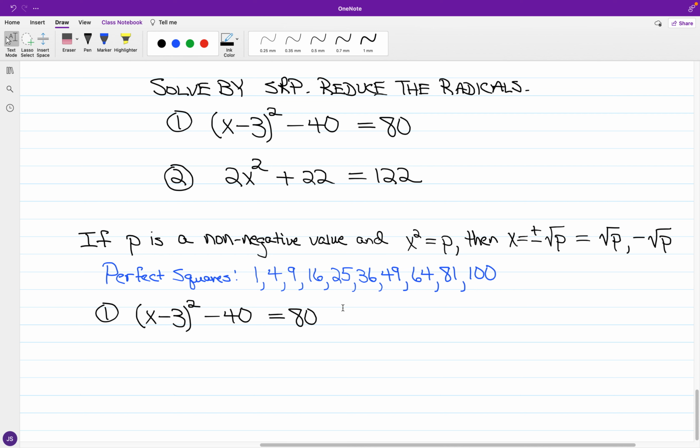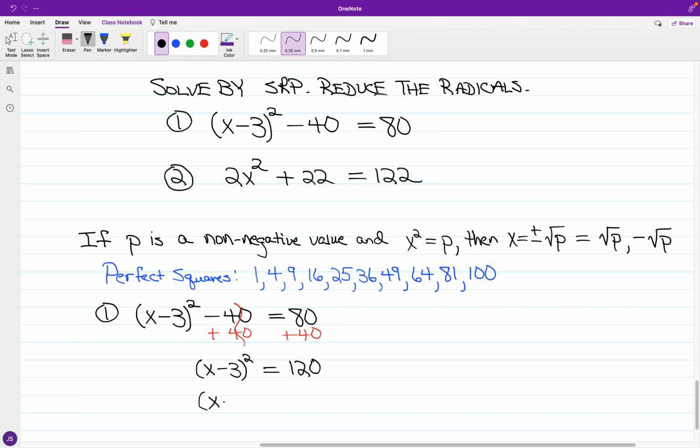So we can isolate the square of x minus 3 by adding 40 to both sides. Upon doing so, we have the square of x minus 3 is equal to 120. So p is represented by 120, and the square of x by the square of x minus 3.